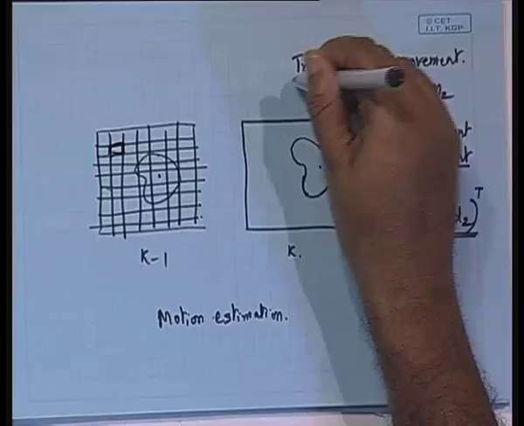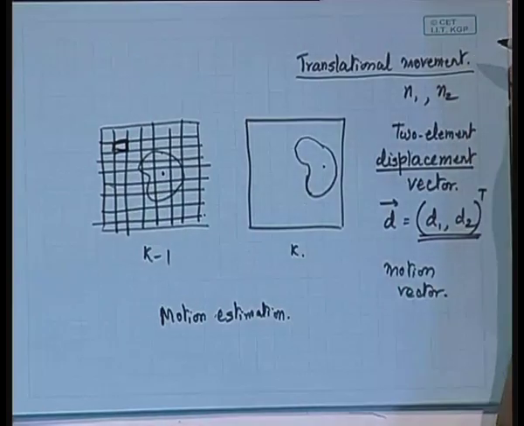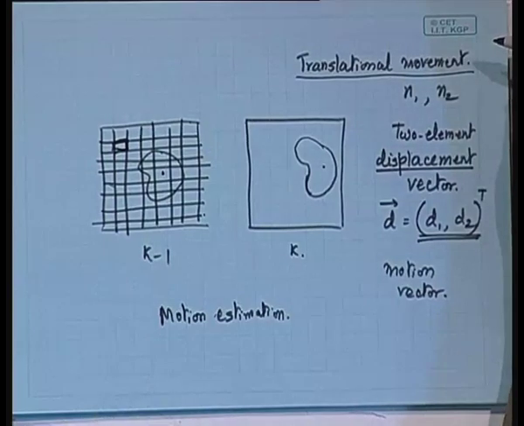Assuming a translational movement, it has 2 degrees of freedom. It can move in positive x, negative x, positive y, negative y. So that means one has to have a search, and the search is complicated in the sense that whenever we are matching one block with a block present in the past frame, the past frame is actually used as a reference.